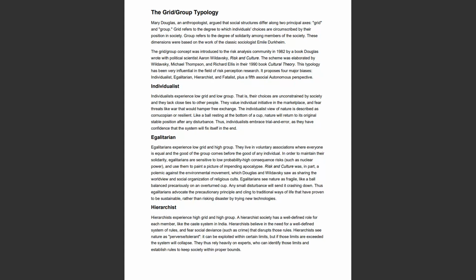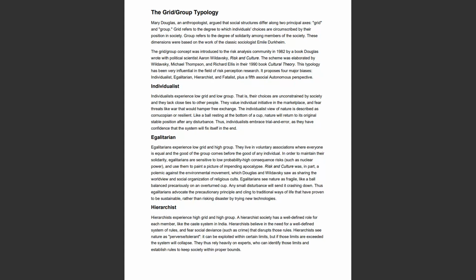The egalitarian is low on grid and high on group. So being high on group, they are high on this idea of solidarity among members of society, but they don't see their place in that society as having a whole lot of impact on their choices.